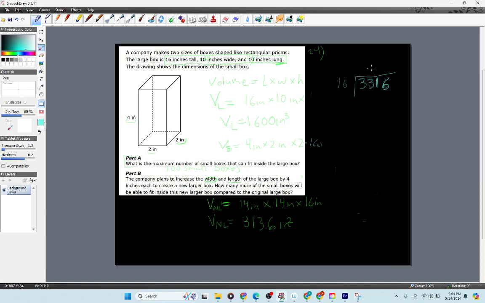16 goes into 31 one time. I think I just misspoke. I should have said 16 goes into 31... 2 times 16 is 32. 16 goes into 11 0 times. 16 goes into 116. 10 will be too much.